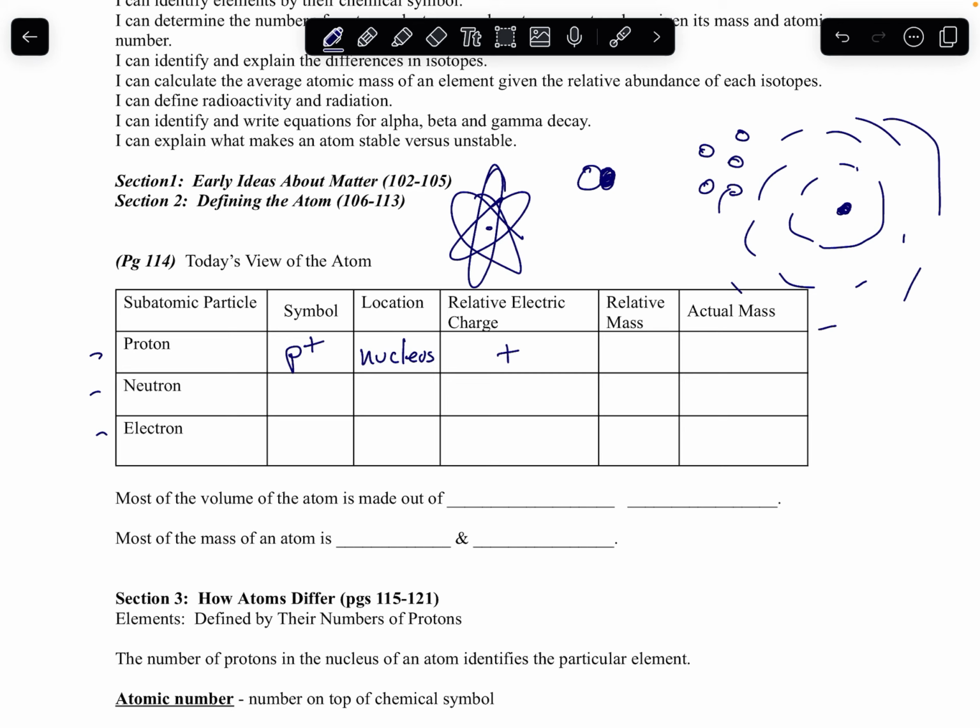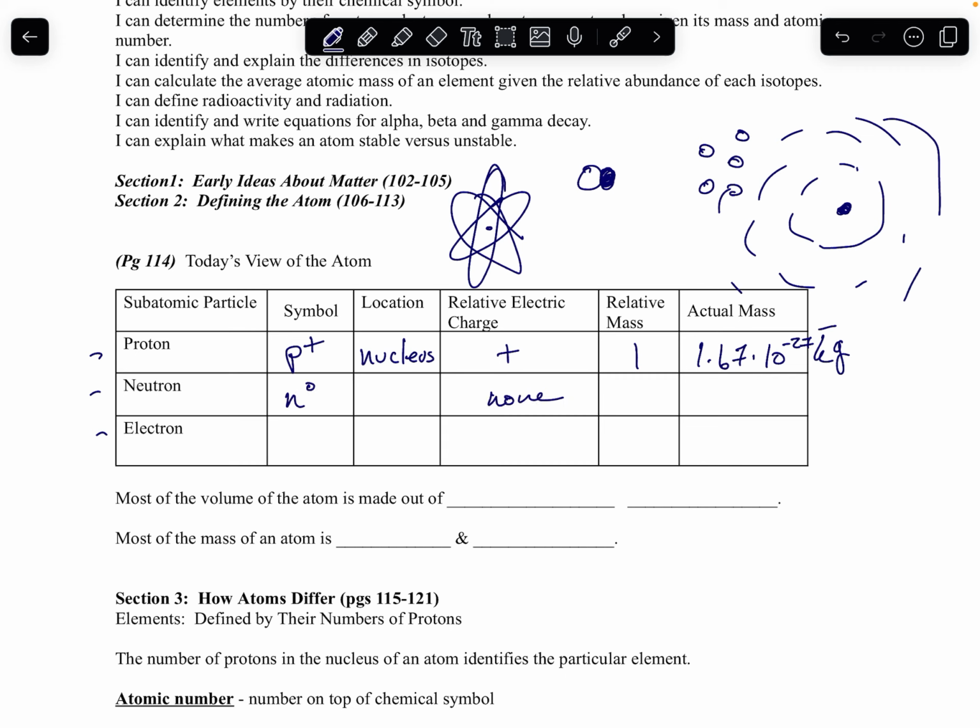Protons have a positive charge, and their relative mass is 1. I'll get to what I mean by that in just a moment. The actual mass is 1.67 times 10 to the negative 27 kilograms. Very, very tiny. These are super small particles. Neutrons, like the name implies, are neutral, so I'm just going to put none there.